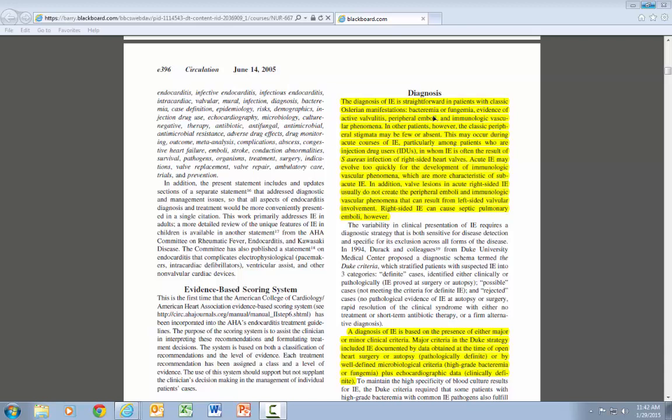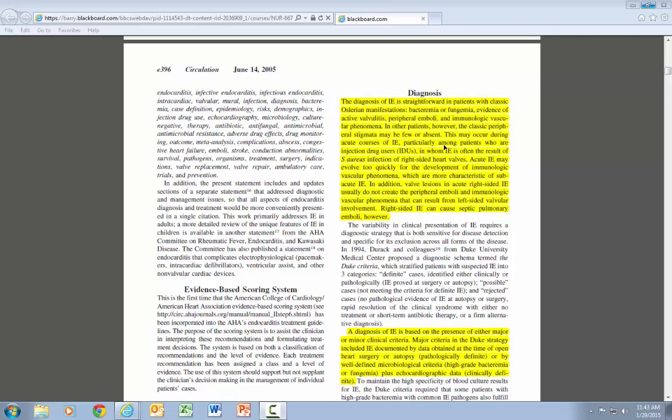If you see here, the guidelines say that the diagnosis of infective endocarditis is very straightforward when you have the manifestations of major criteria, in addition to the Osler manifestation, which is bacteremia or fungemia, evidence of active valvulitis, peripheral emboli, or any immunological or vascular phenomena, such as emboli or vasculitis. In other patients, remember that this could be completely absent.